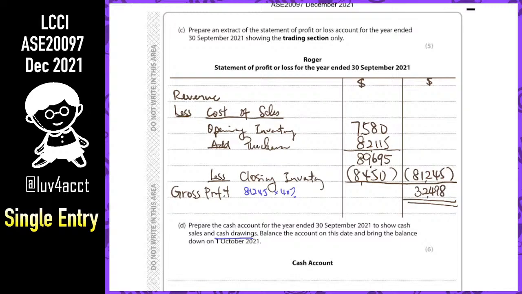And with this, you will have revenue of 113743. That is, you add gross profit 32498 together with your cost of sales 81245.